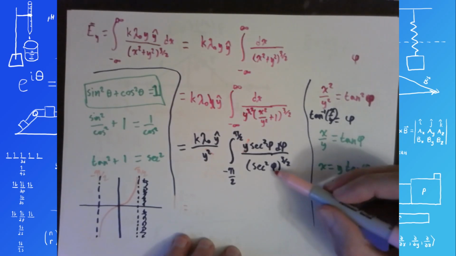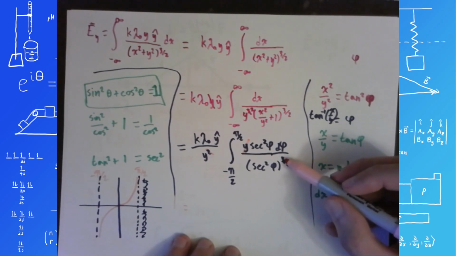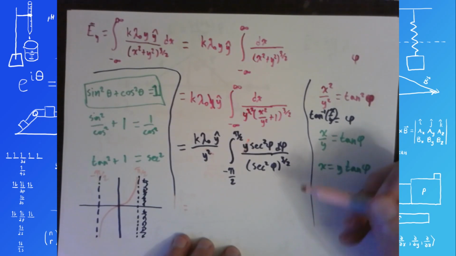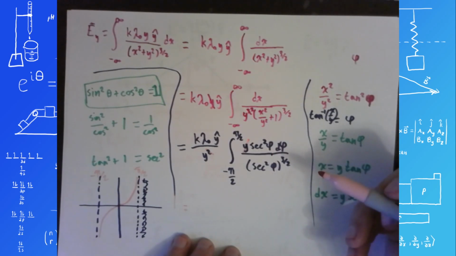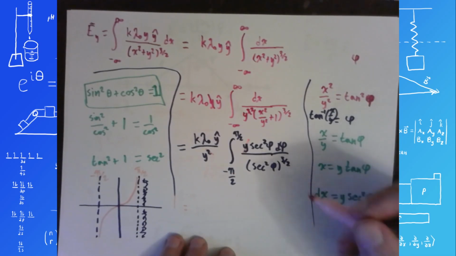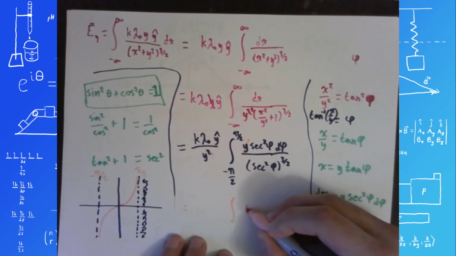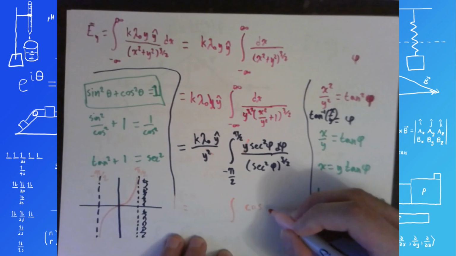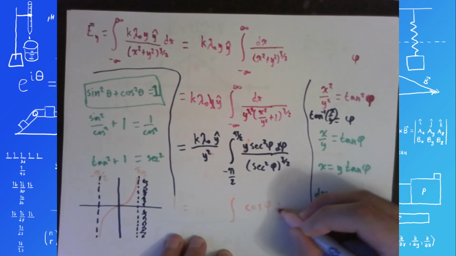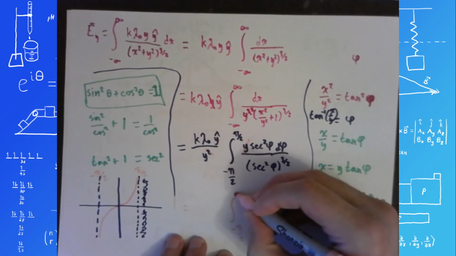And then secant squared of phi to the 3/2, secant squared to the 1/2 is just secant, and then to the 3 gives us secant cubed, and then secant squared over secant cubed reduces to 1 over secant. And what's 1 over secant? It's cosine. Secant squared over secant cubed just becomes cosine. And that's from negative pi over 2 to pi over 2.